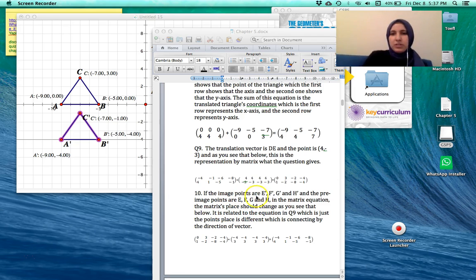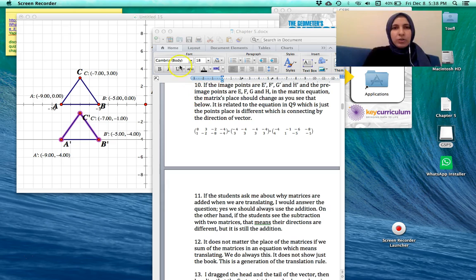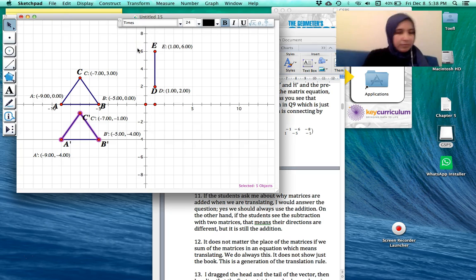If the image points E prime, F prime, G prime and H prime are mapped to the pre-image points E, F, G and H in the matrix equation, the matrices' places should change, as you see below, where I showed it with matrices. It's related to question 9, just the points' places are different, which is connected by the direction of the vector.